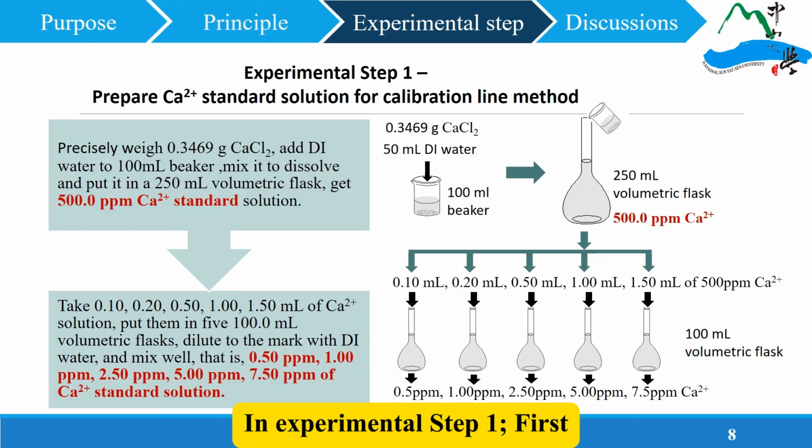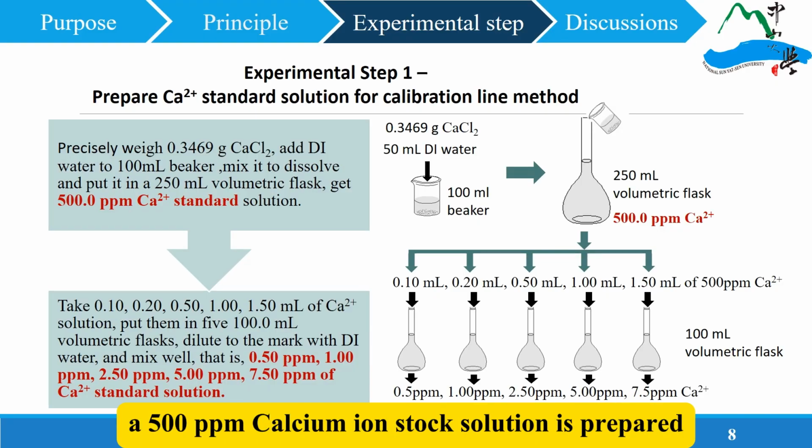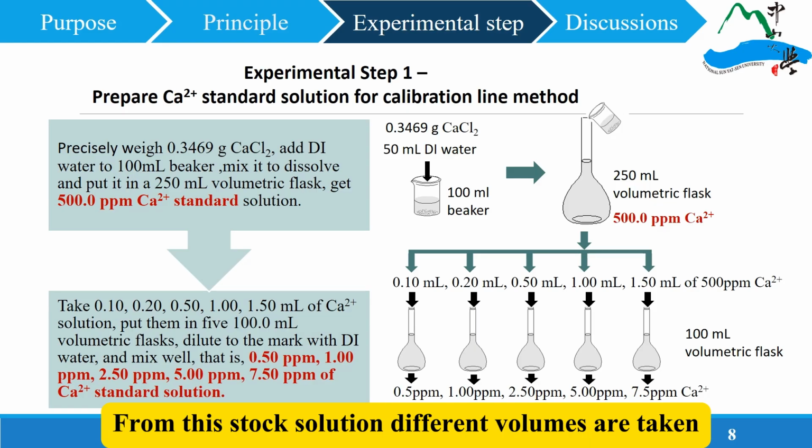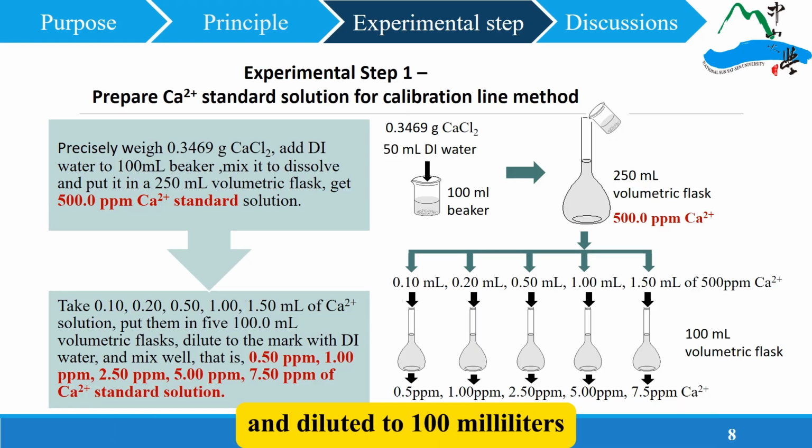In experimental step 1, first a 500 ppm calcium ion stock solution is prepared using calcium chloride dissolved in deionized water. From this stock solution, different volumes are taken and diluted to 100 milliliters in volumetric flasks.